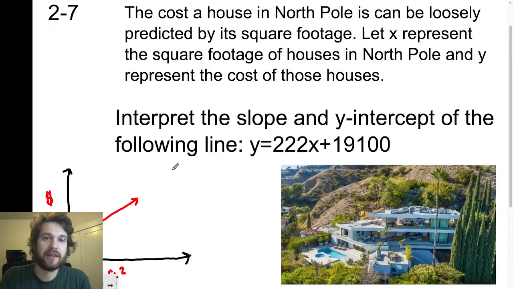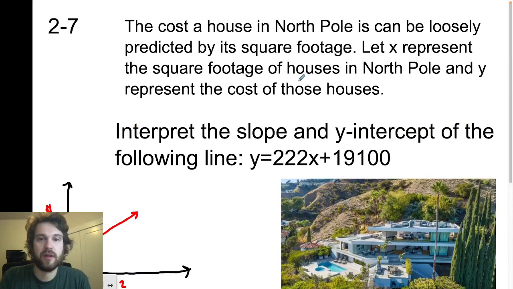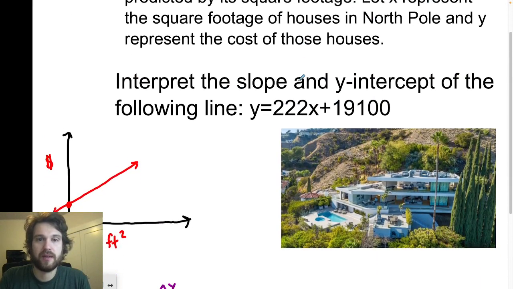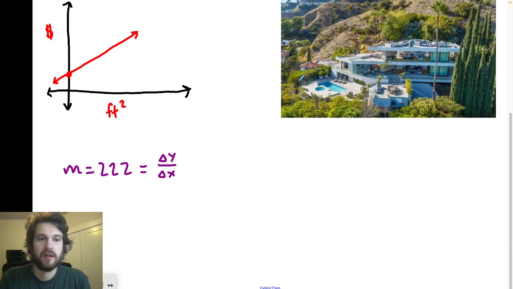Now I gave you what x and y were in the problem. X is the square footage of the house in North Pole, and y is the cost of those houses. So change in y over change in x, which means the units of y are dollars, and the units of x are square feet.